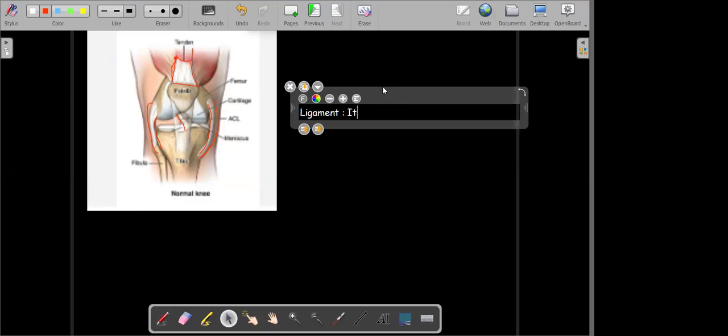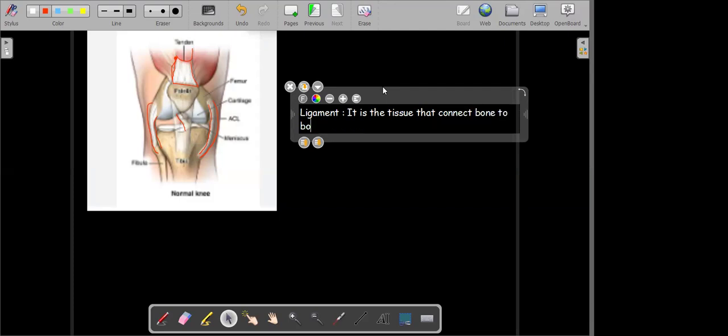Ligament is the tissue that connects bone to bone. Okay, so ligament is connected bone to bone.